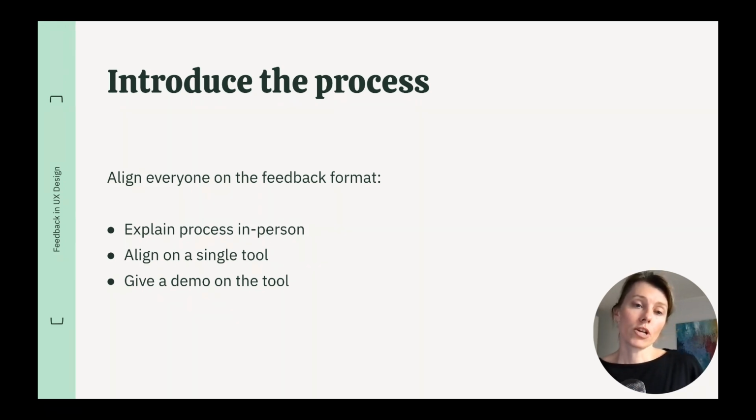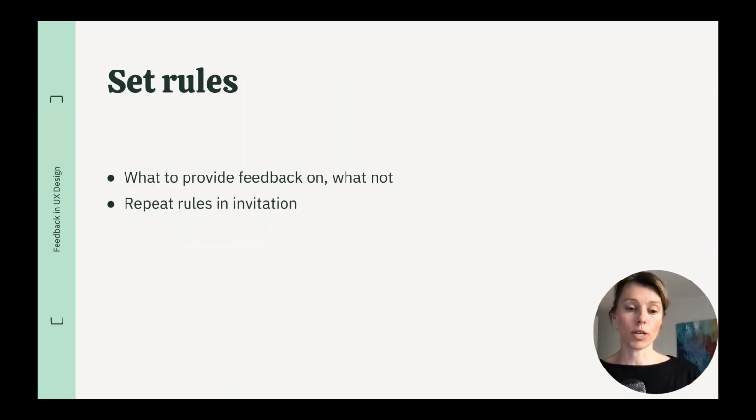But then also be very clear about the rules. So what are you looking to get feedback on, and what are you not looking to get feedback on? It's important for stakeholders to be reminded about the process, that, for example, you are only working in wireframes and these wireframes won't contain the final content, or they don't have the final design elements.